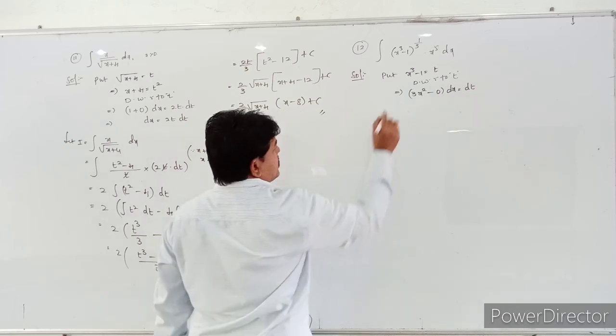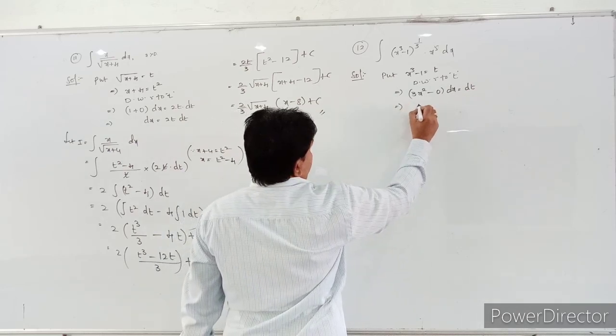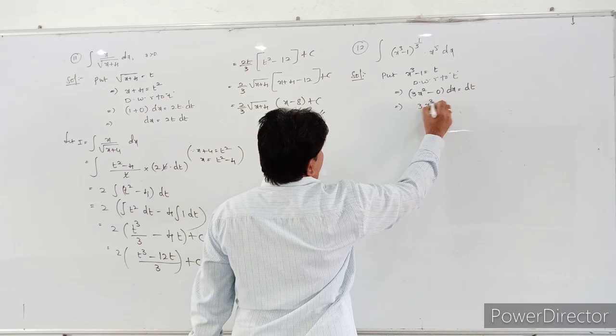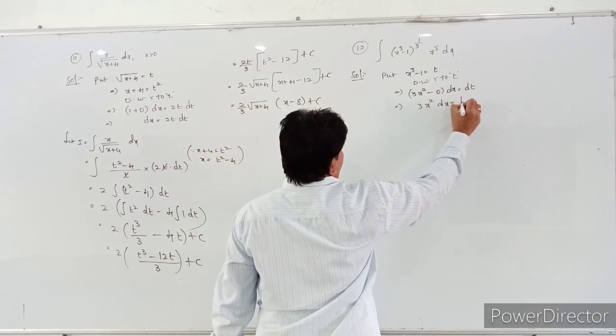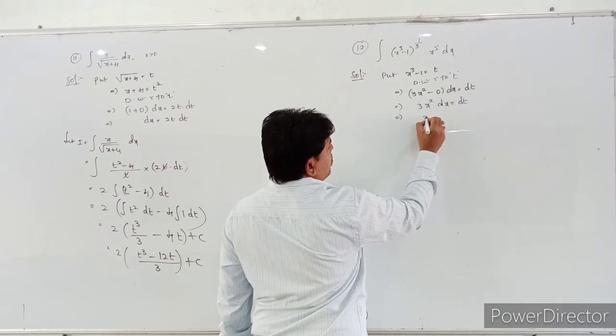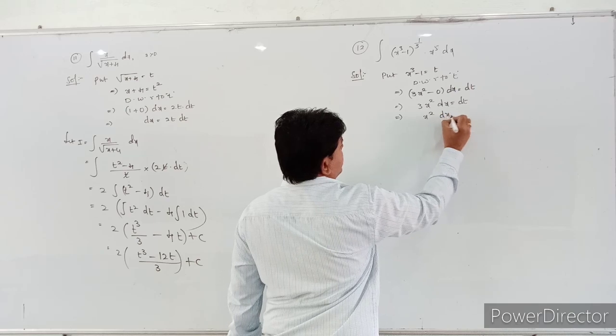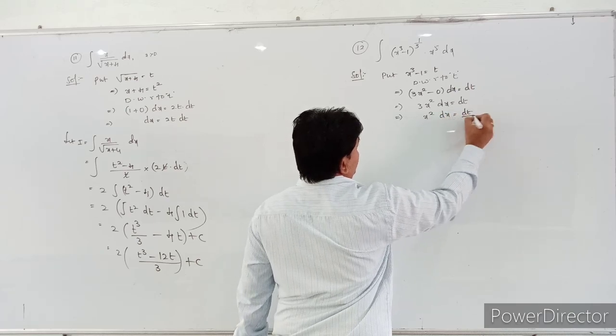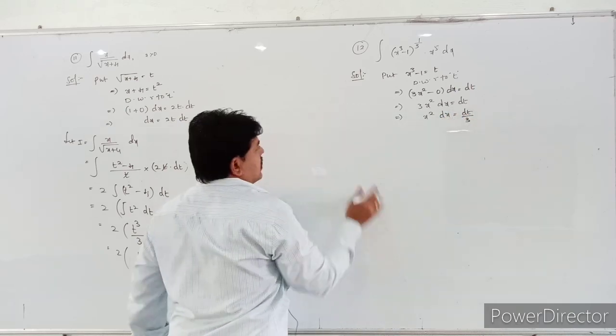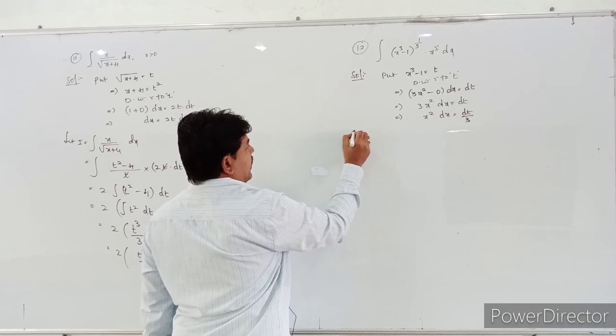So 3x square into dx is equal to dt. That implies x square into dx will become dt by 3.